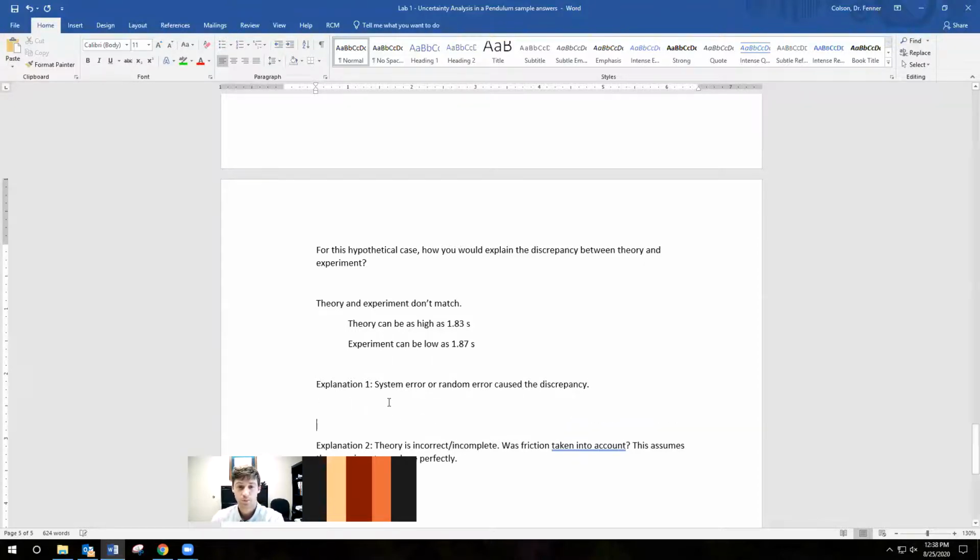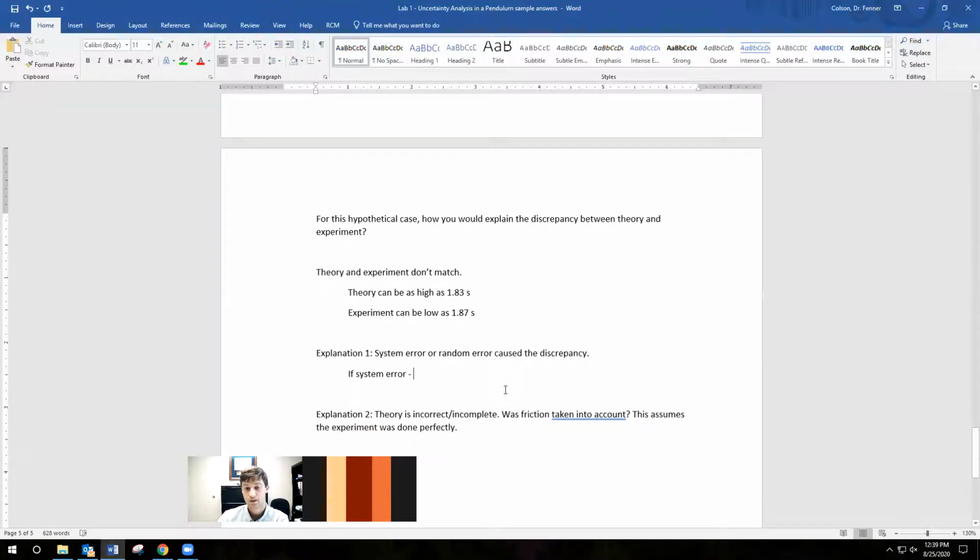What that means is, if there's a systematic error, then some uncertainty or mistake was introduced from something associated with the experiment itself. So perhaps the uncertainties were incorrect.